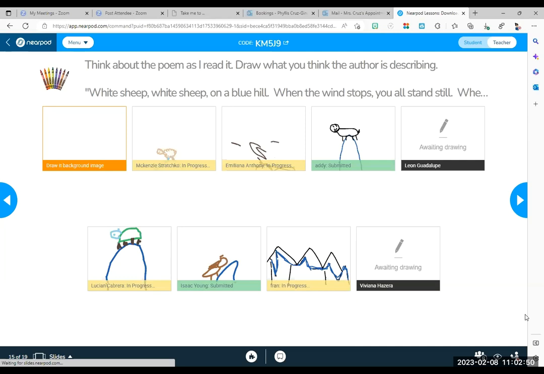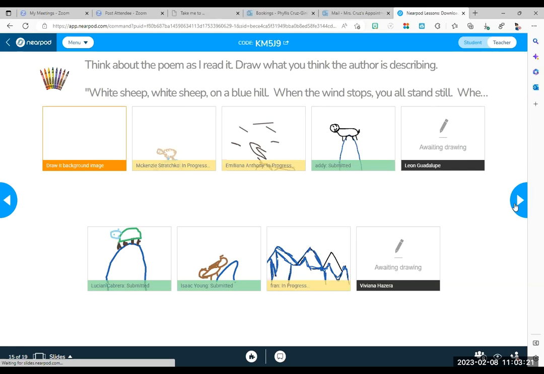And sometimes we use figurative language to describe things, and it may not be exactly what we're talking about, but it gives us an idea. Looks really good, guys. I wonder if the author was actually talking about sheep on a hill. Are you guys ready to see? Yeah? Let's see what the author was really talking about.